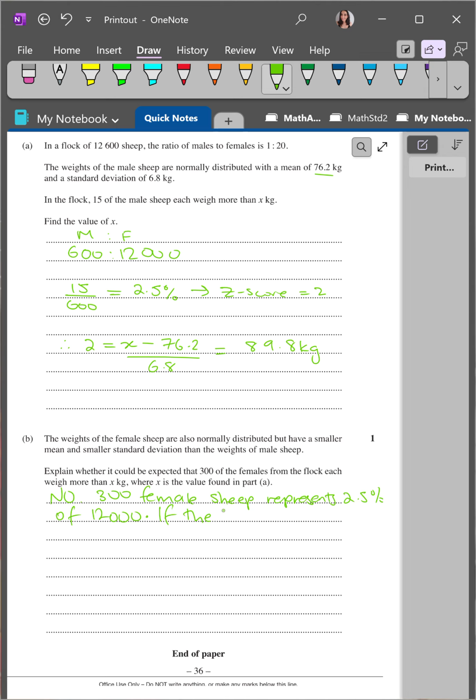If the mean and standard deviation were equal for males and females, this would be true. However, they are not.